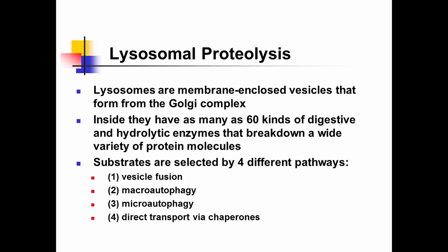That vesicle is usually formed through the endocytosis mechanism. For example, the LDL receptor is internalized and forms vesicles, and these vesicles can be fused with the lysosome, and the content inside the vesicles is then transferred into the lysosome and degraded by lysosome enzymes, right?